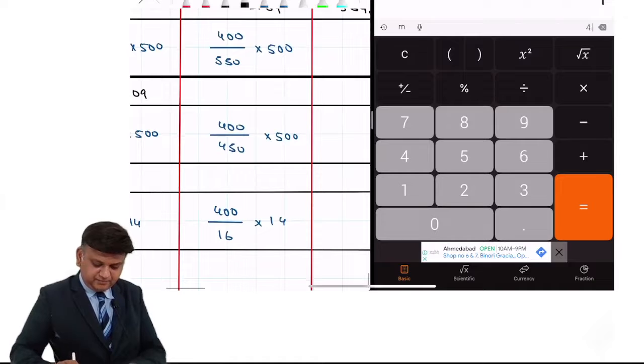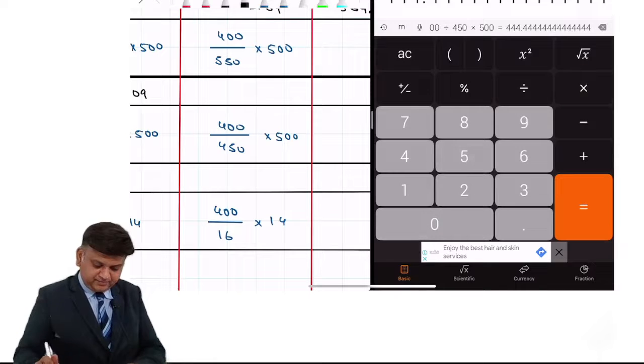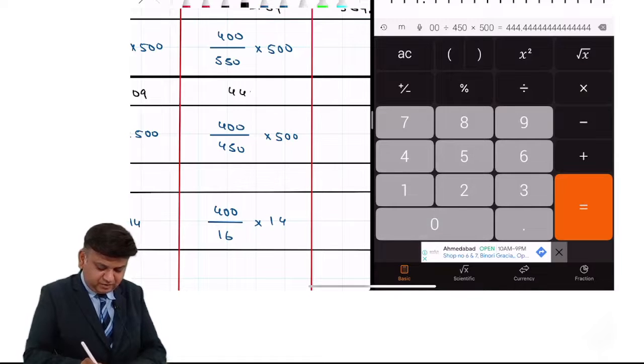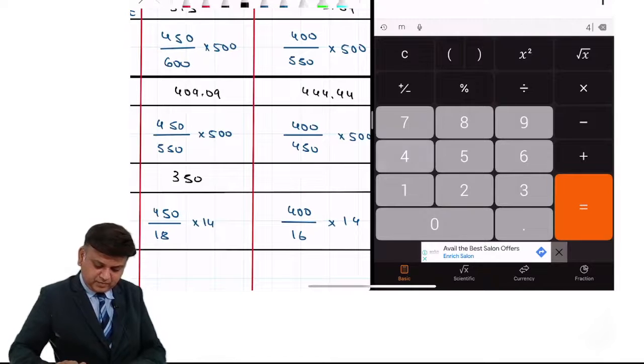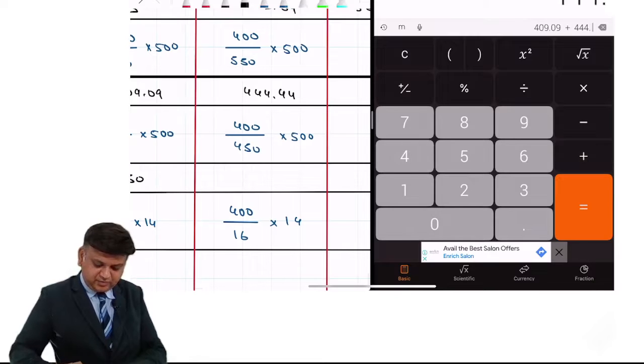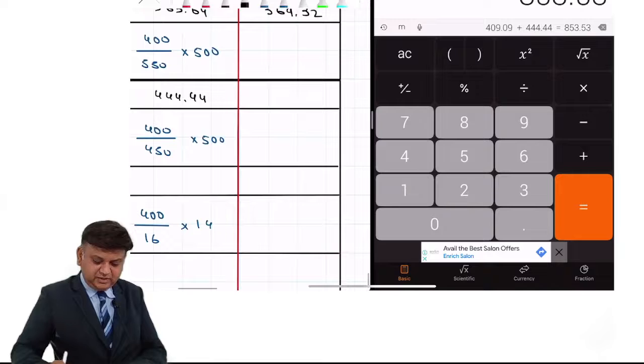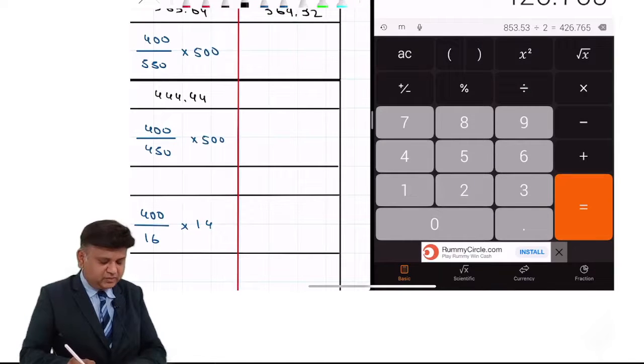Next, 400 divided by 450 into 500, that comes to 444.44. 409.09 plus 444.44, 853.53 divided by 2, so 426.77.